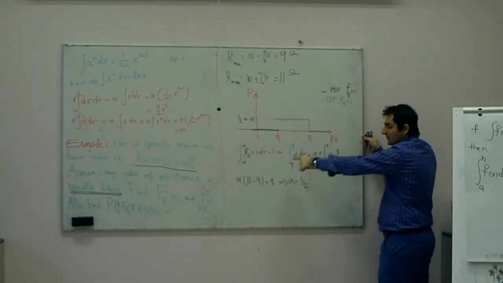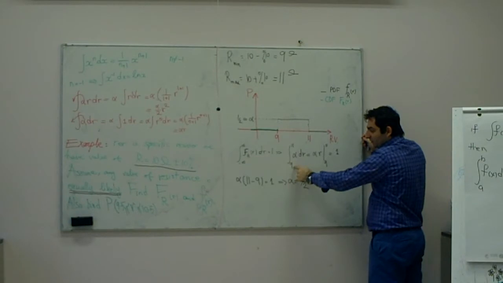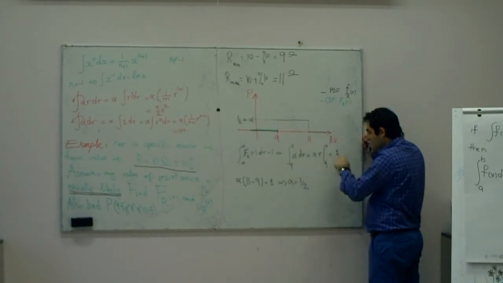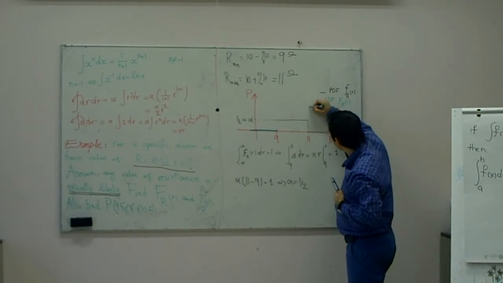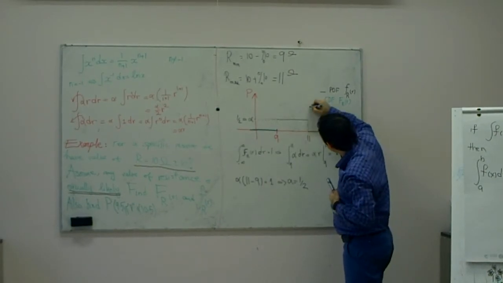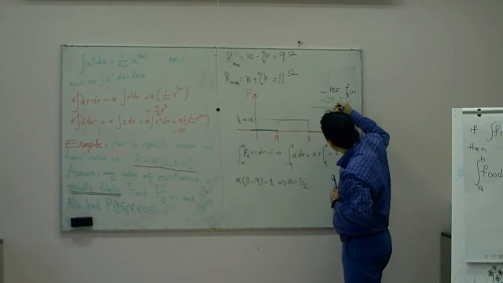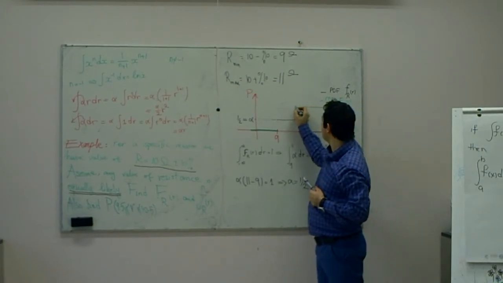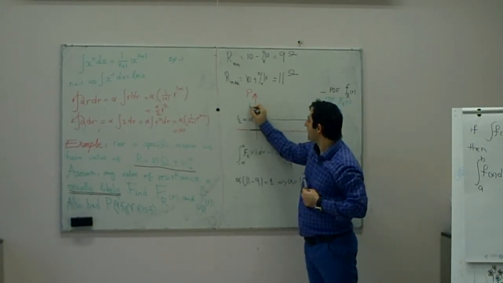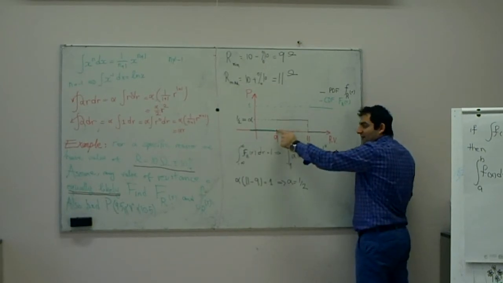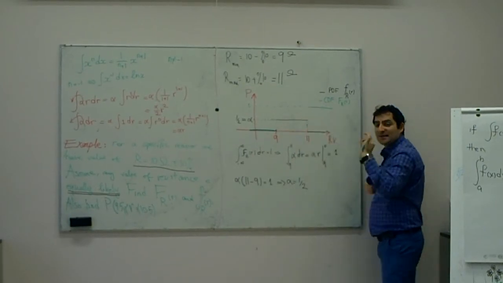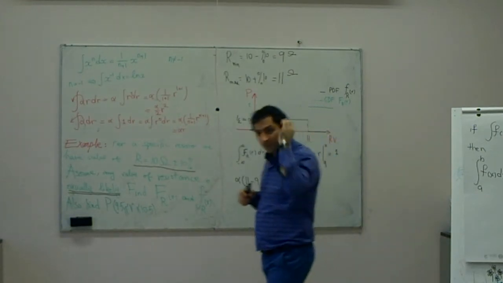We know that the integral from 9 to 11 included, what is the result? 1. So for any value after 11, the CDF has this value, 1.